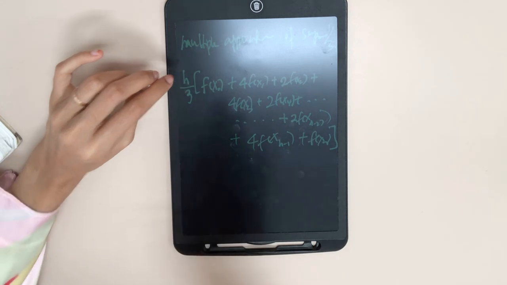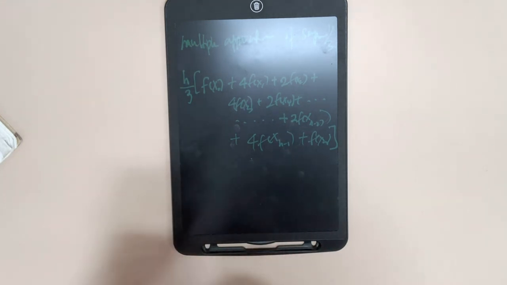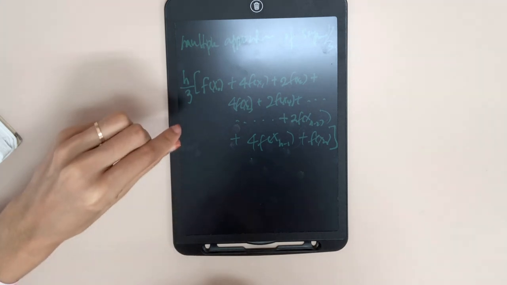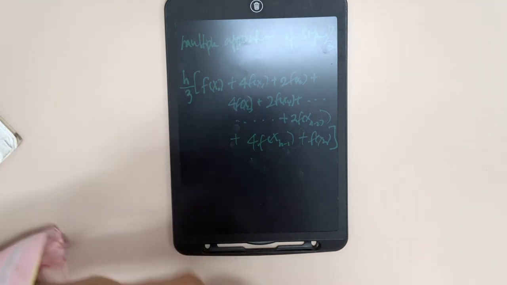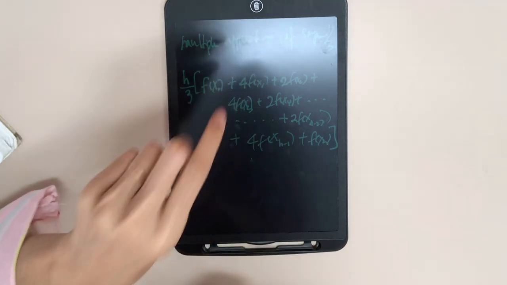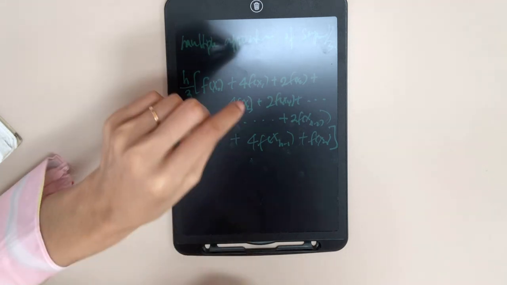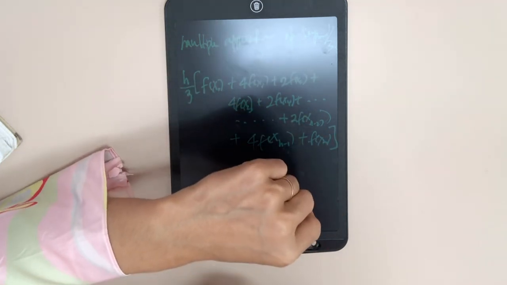It must alternate 4, 2, 4, 2. Okay, can you see the difference between this multiple one and the previous one, which is just Simpson's 1/3? For Simpson's 1/3, you just have f(x0) plus 4f(x1) plus f(x2), right?